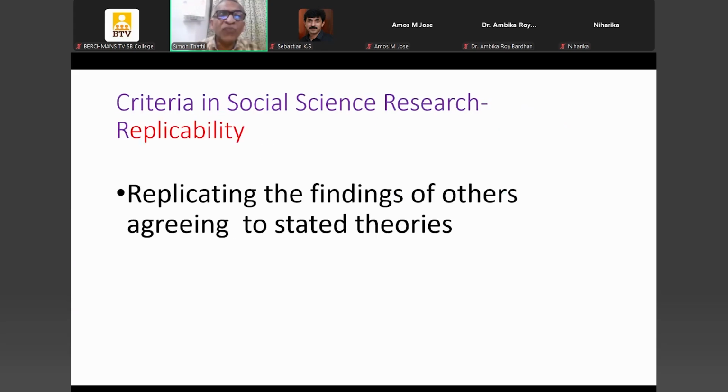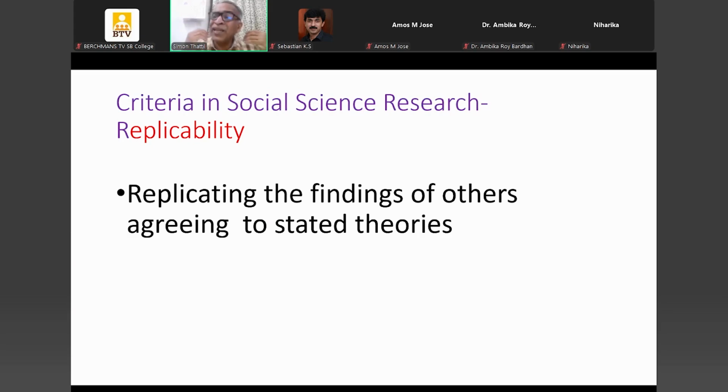Now we come to replicability. What does this mean? Replicating the findings of others. Or we are saying that we agree, I found out certain things which were in tune with what was existing. And generally we have a general tendency to agree with very celebrated theories, and we say that, okay, see, I did my study, and on these parameters, on these factors, it is in tune with the existing theories.